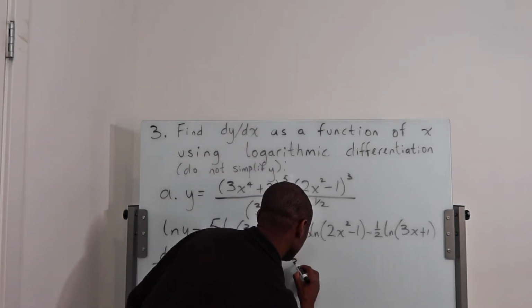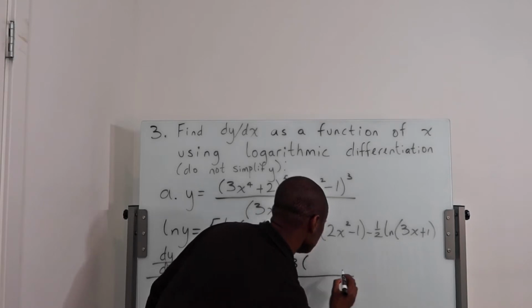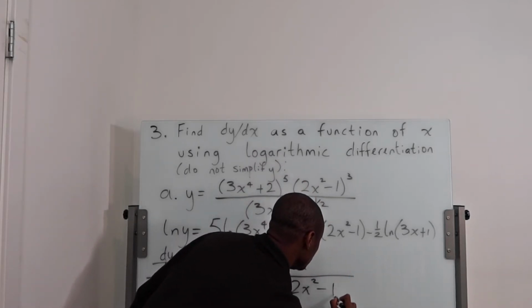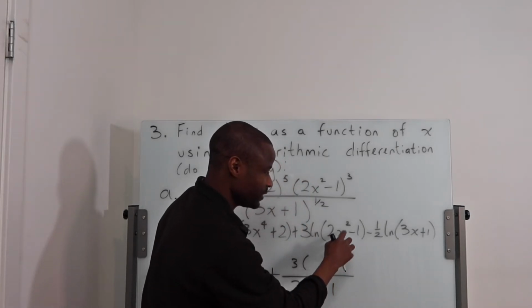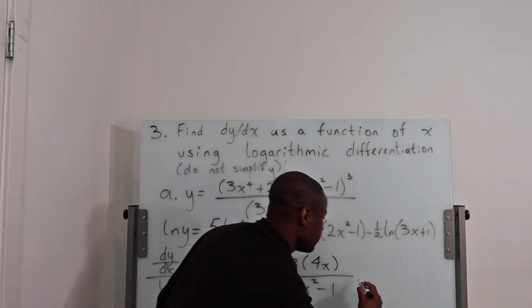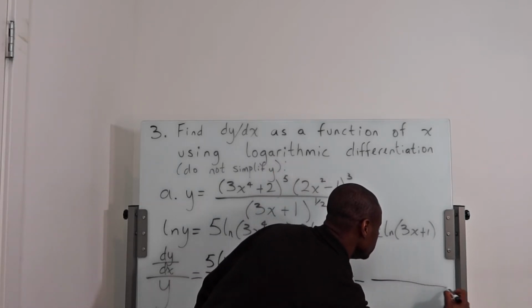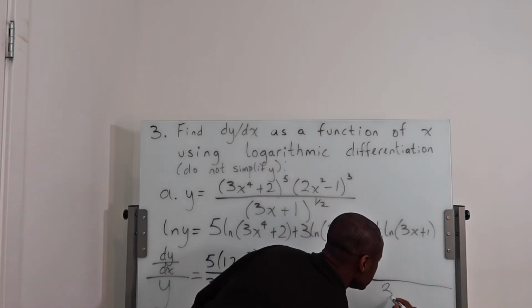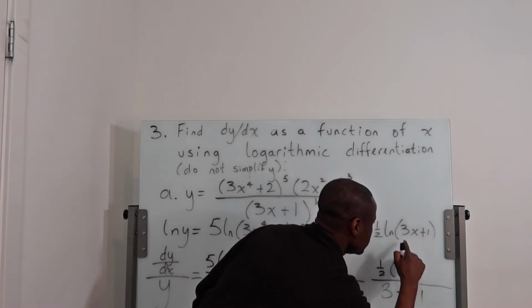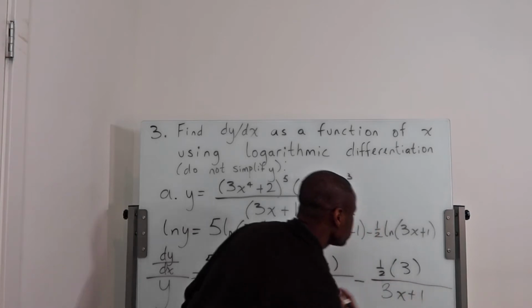I know I'm going to have a 3 times 1 over 2x squared minus 1. And then the derivative of this would be 4x, minus, that goes in the denominator, 3x plus 1. I have a half here. The derivative of that is 3.